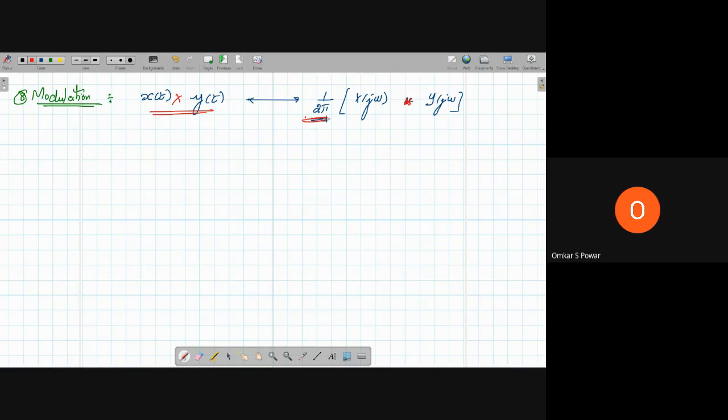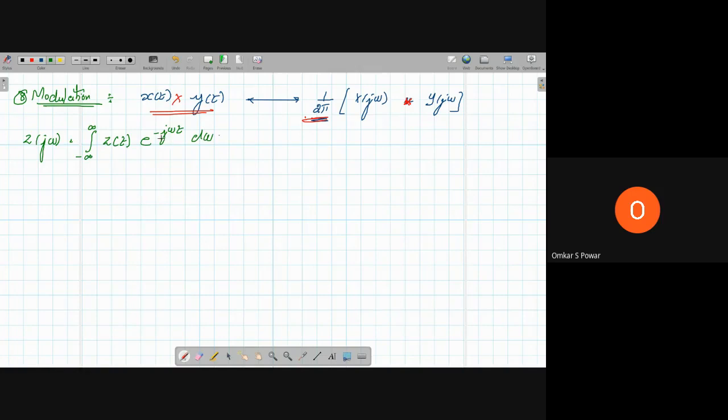So we have to prove this. Let me prove it again for you. Let us go step by step. So we know that Z of j omega is equal to the integral from minus infinity to infinity of z of t e power minus j omega t dt.